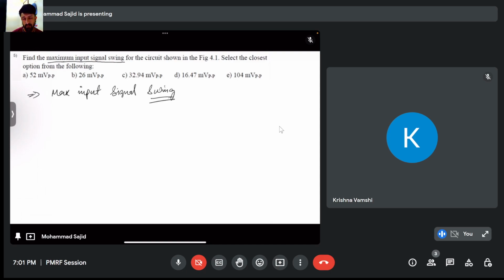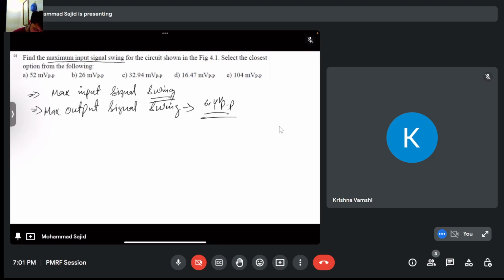Well, this can be calculated directly now that you have the max output signal swing known to you, that is 6.4 peak to peak, right?